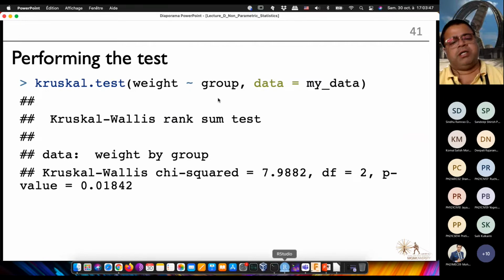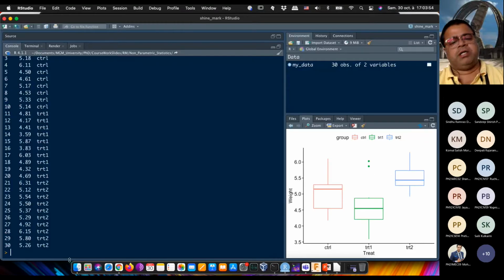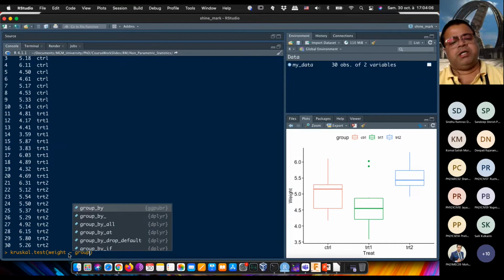Okay, the groups are nothing but your treatments, so it's the same thing. So let us go back. So I have to just run the Kruskal test, kruskal.test, okay, and the weight has to be group.